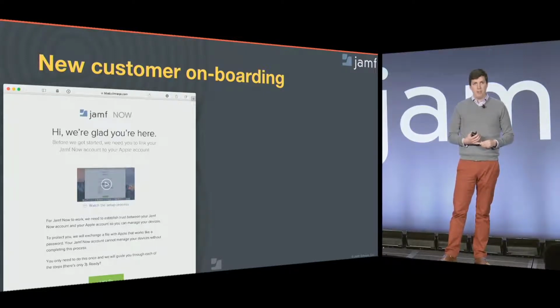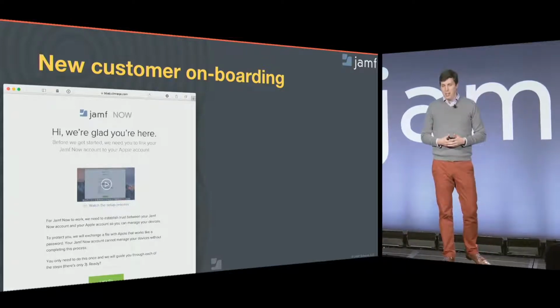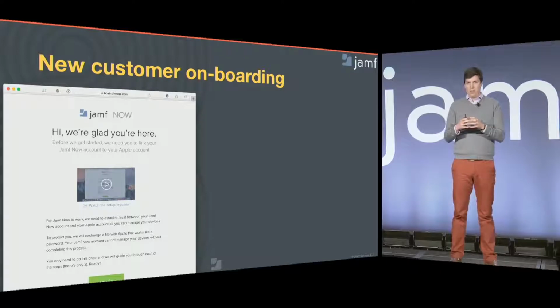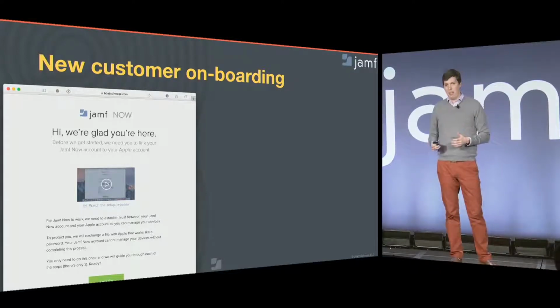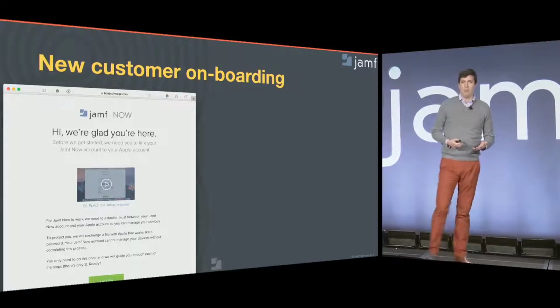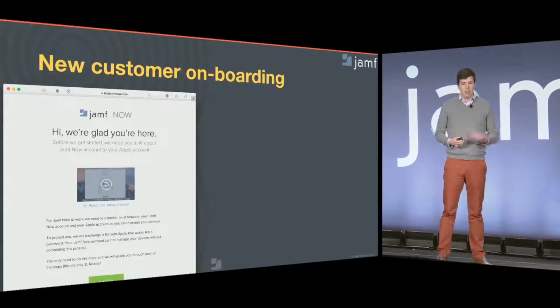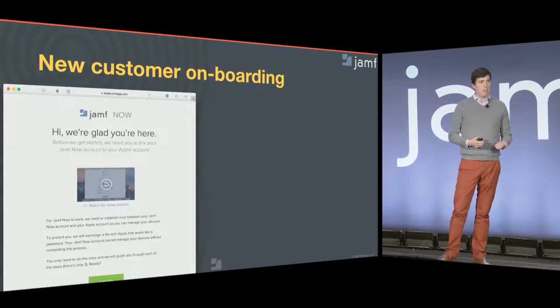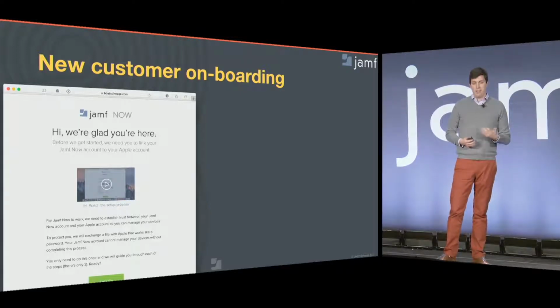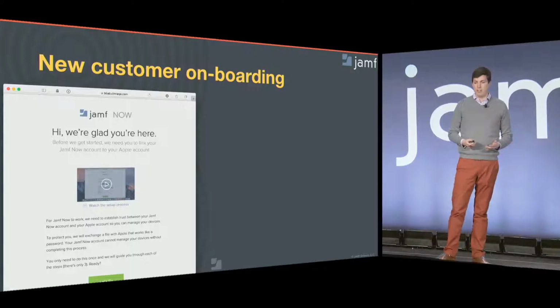So instead of just throwing that at them, saying go download this thing and come back to us, we've taken this process apart and laid it out as a few simple steps. The first thing is we give a new customer an overview. On this page, there's a text description for people who prefer to read, and there's a video description that shows you the whole process for people who are more visual learners.